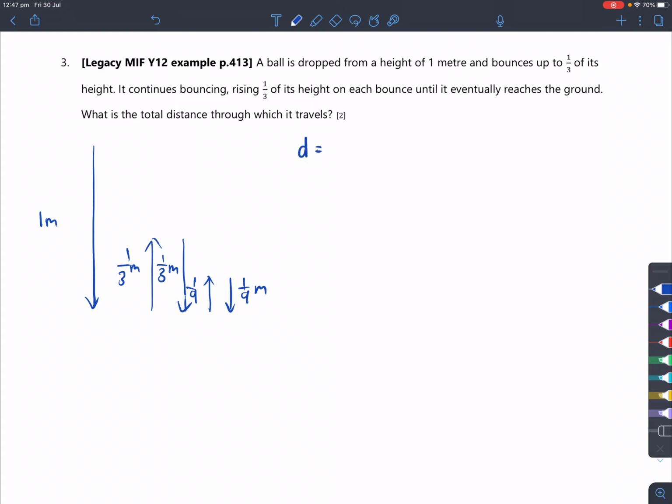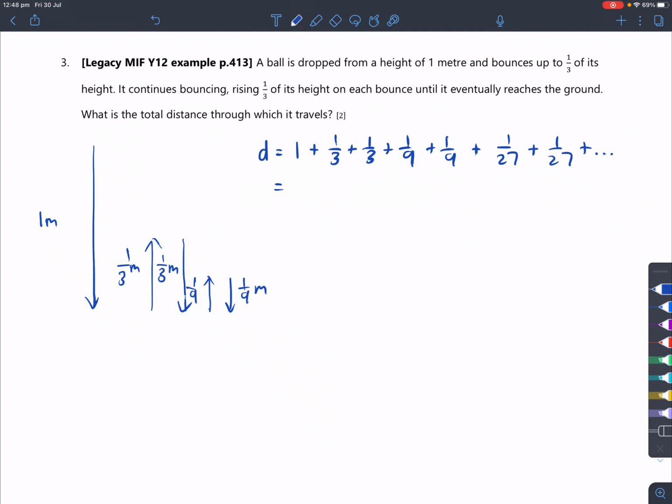D, the total distance, will be 1 plus 1/3 plus 1/3 plus 1/9 plus 1/9 plus a third of this, which is 1/27, plus itself again because it's dropping down, plus a dot dot, equals.